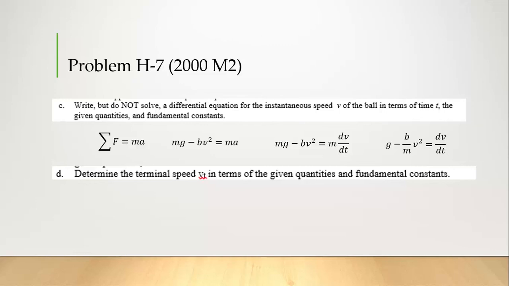The dv over dt is equal to g minus b over m v squared. Essentially what a differential equation is, it's a fancy way of saying you have an equation that contains a function that varies and its derivative in the same equation. In this case, v is a function that varies and dv over dt is the derivative of v.